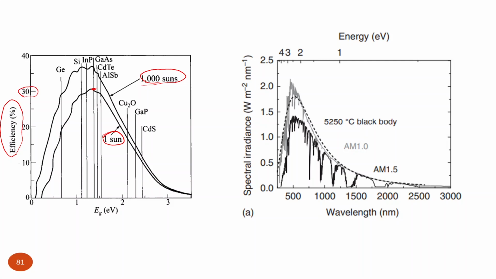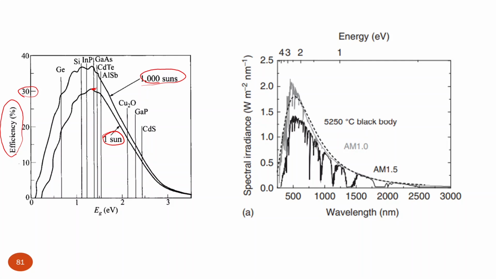That is the fundamental maximum performance of a single junction solar cell. Not tandem. With tandem solar cells you can make some tricks and gain more. But with single junction, that is the maximum possible performance.